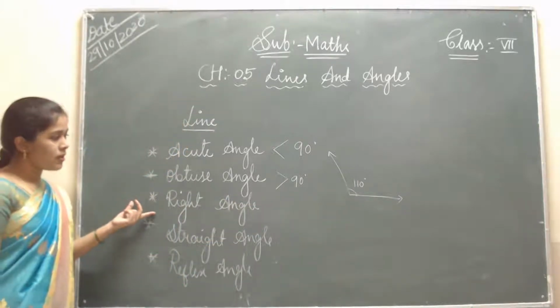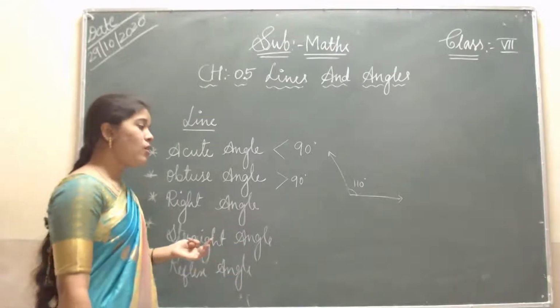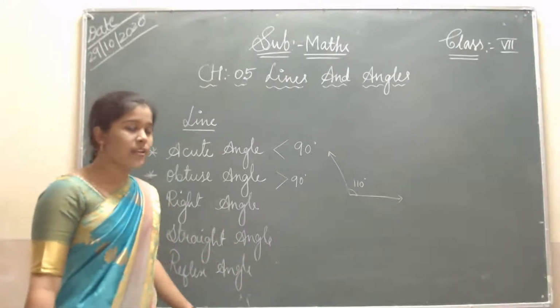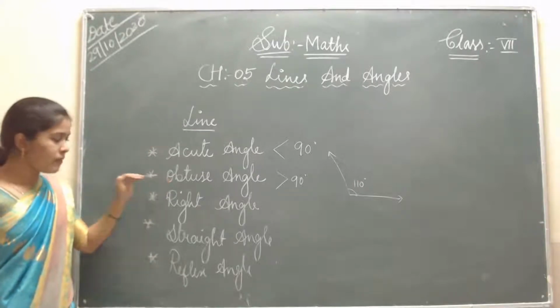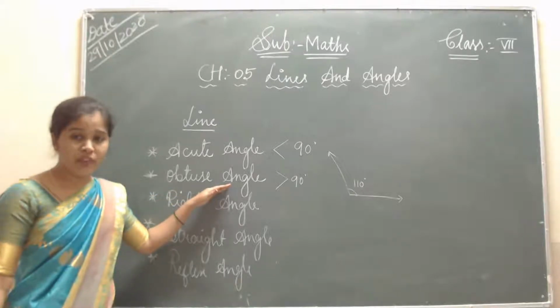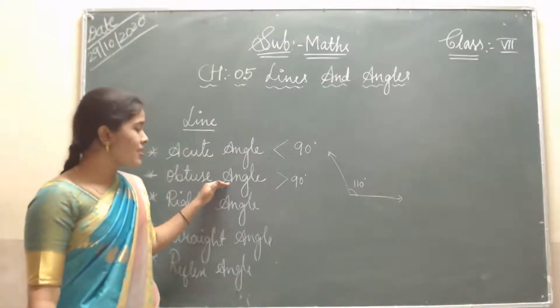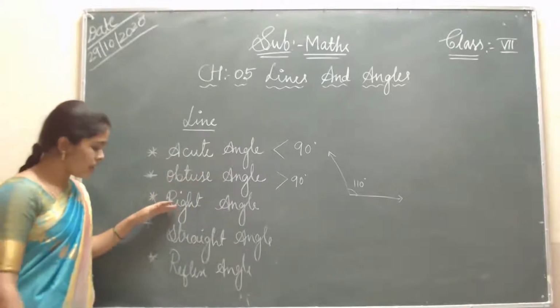But an obtuse angle is less than 180 degrees. Remember, students, less than 180 degrees, because next comes the straight angle.